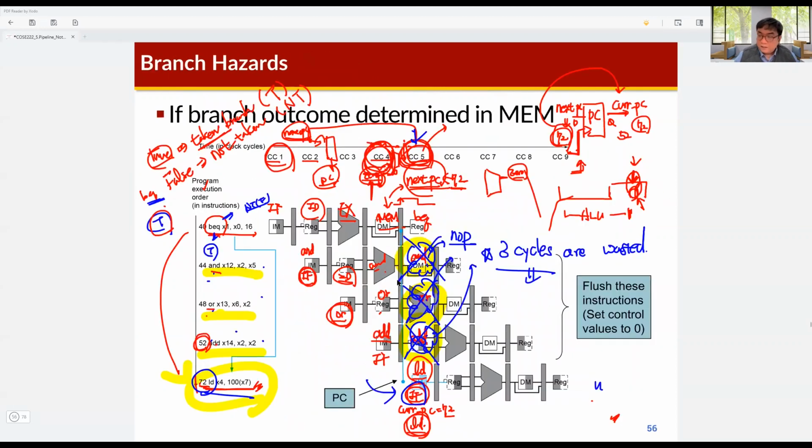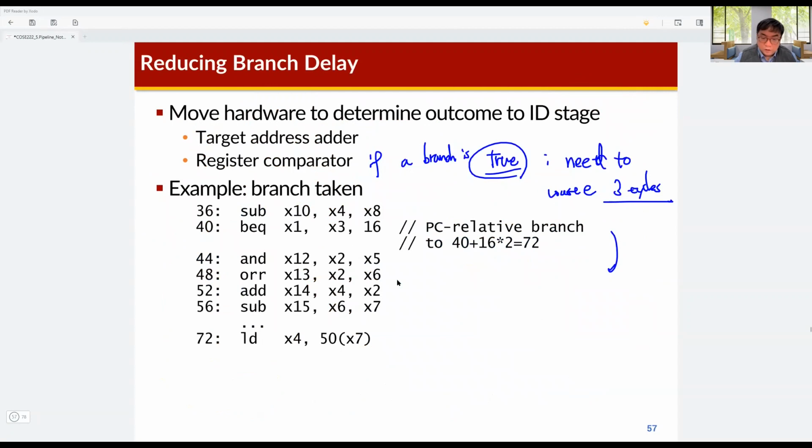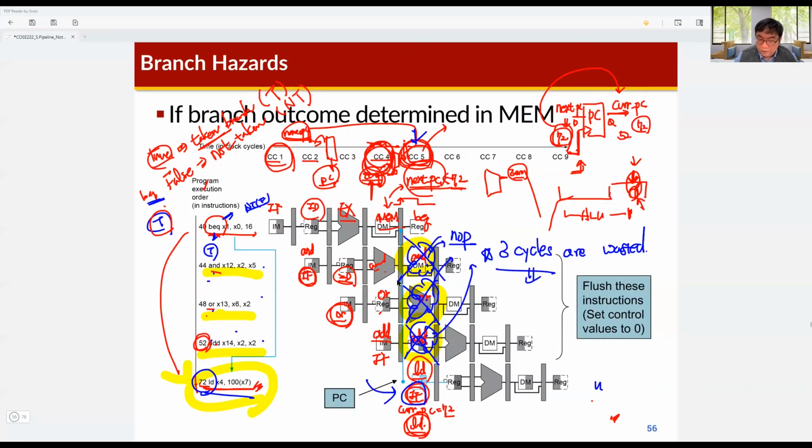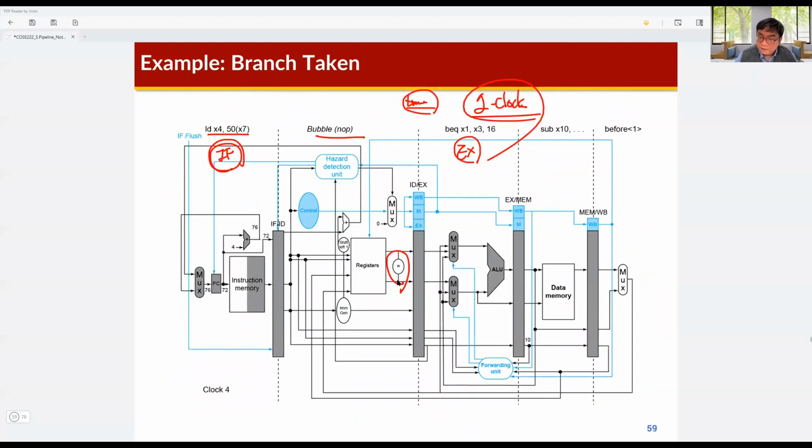Like this clock cycle diagram, we can also draw the clock cycle diagram of this enhanced pipeline processor. So we can know that only 1 cycle is wasted by taken branches. Okay, that's what we learned in the previous class.